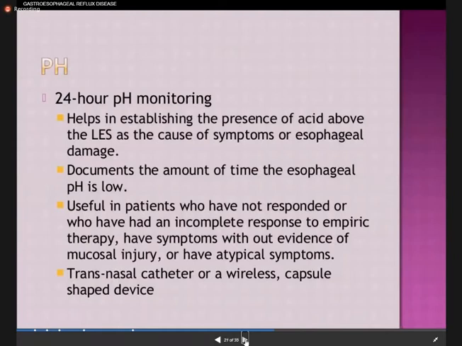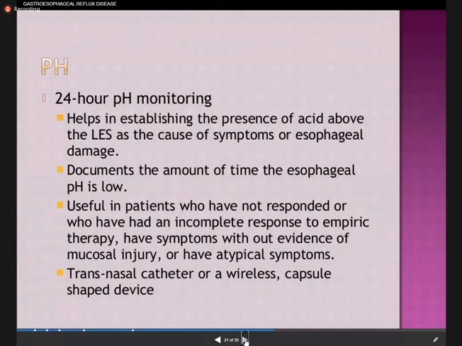24-hour pH monitoring. What you do, you place in a catheter and secure the catheter around 4 centimeters above the lower esophageal sphincter, and then you let the patient go away. There is an electronic transducer attached to that catheter. After 24 hours, the patient comes back to you, and that transducer has different buttons: when the patient is lying, he has to press the button that he is lying.